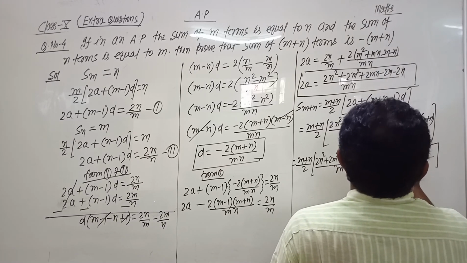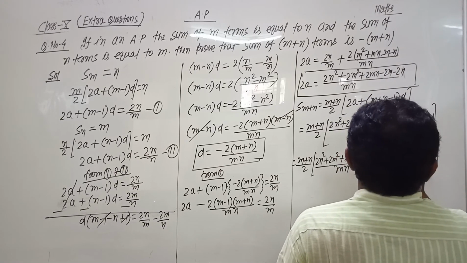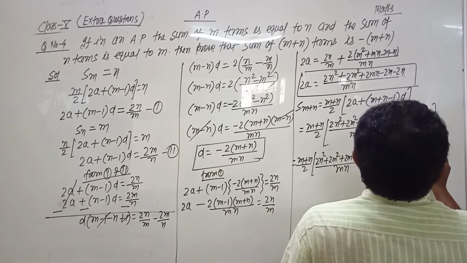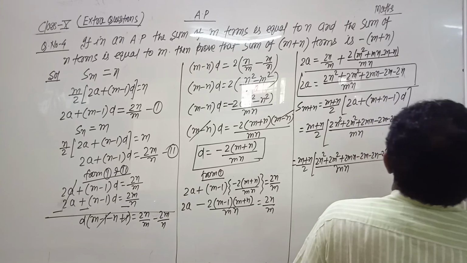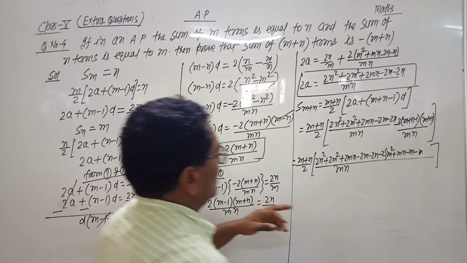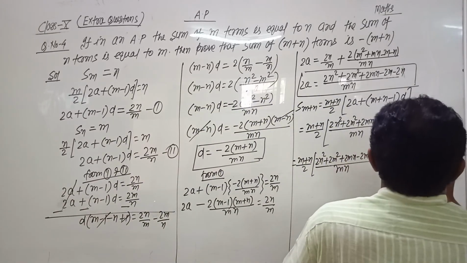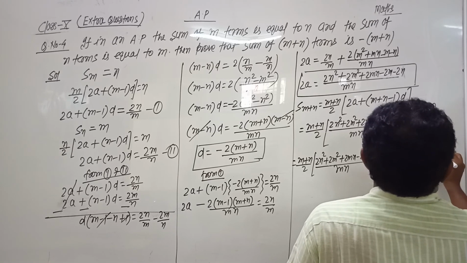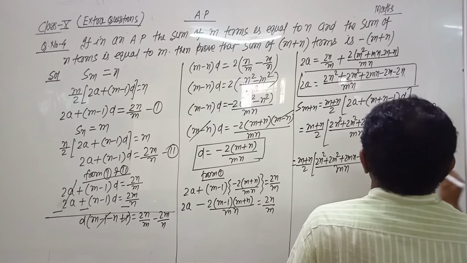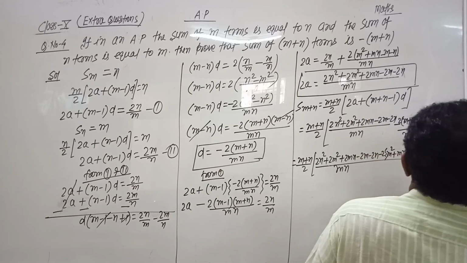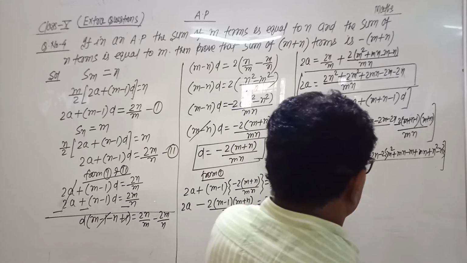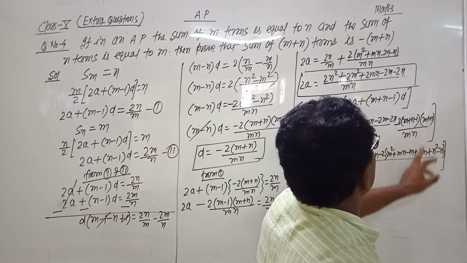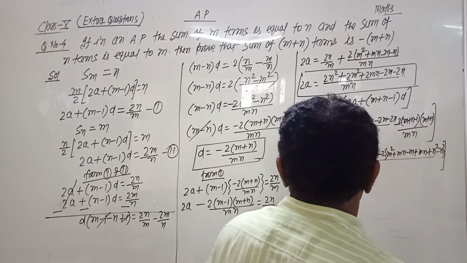Then (m plus n) by 2, LCM comes to be m into n, and then 2n square plus 2m square plus 2mn minus 2m minus 2n, then remove the bracket. So m square plus mn minus m plus mn plus n square minus n.